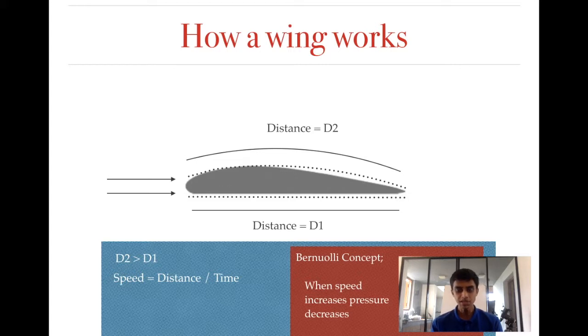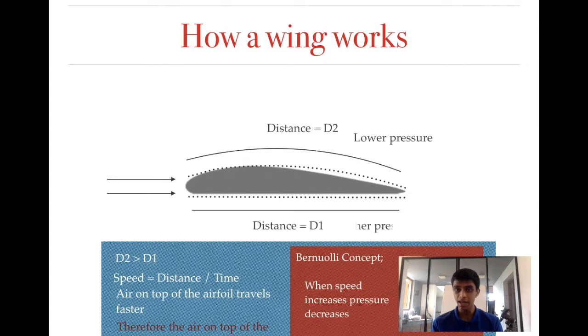And the Bernoulli concept states that when the speed increases, the pressure decreases. Now remember that the airflow moving above the wing moves faster. So this means that the air on top of the wing has less pressure. Because of this, there's a lower pressure on top of the wing and a higher pressure below it.